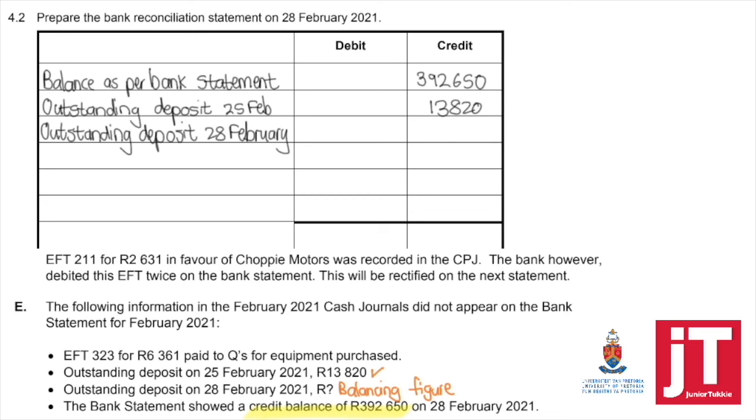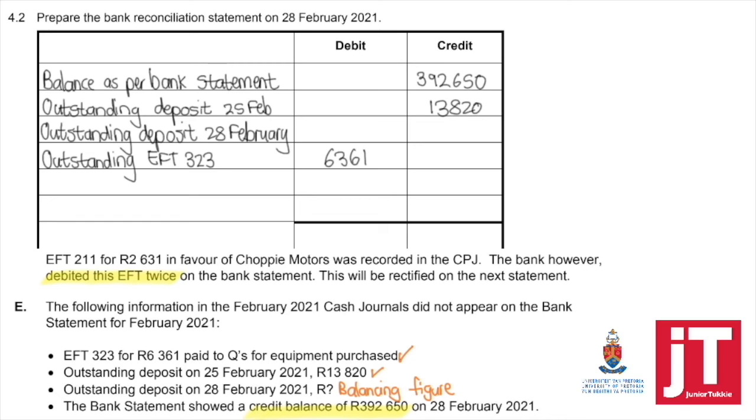I don't care for what reason, it was for equipment purchased. We are going to indicate in our bank reconciliation statement outstanding EFT and the number 323, and it will appear on the debit side as it would appear on the bank statement. It must appear in the bank recon.